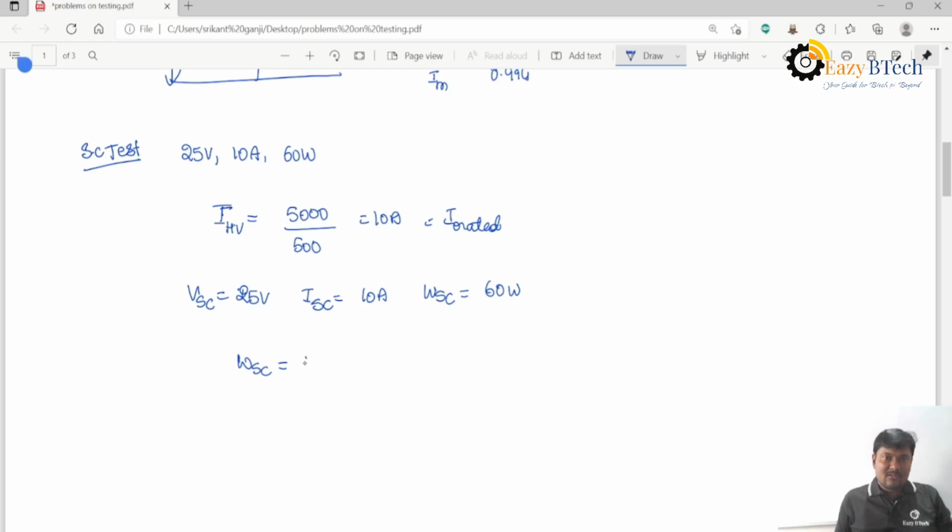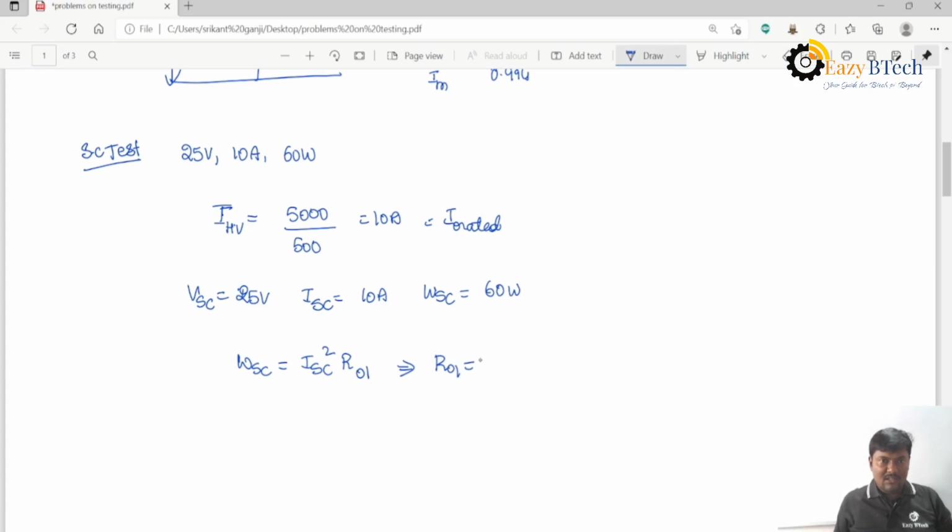WSC is equal to ISC square into R, so R01. I am representing it in HV in order to avoid confusion.